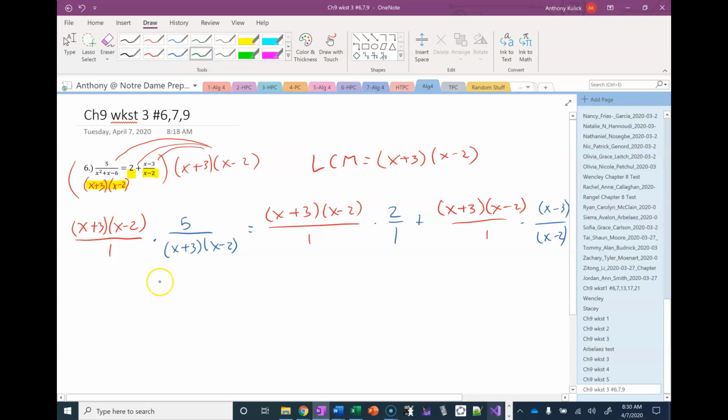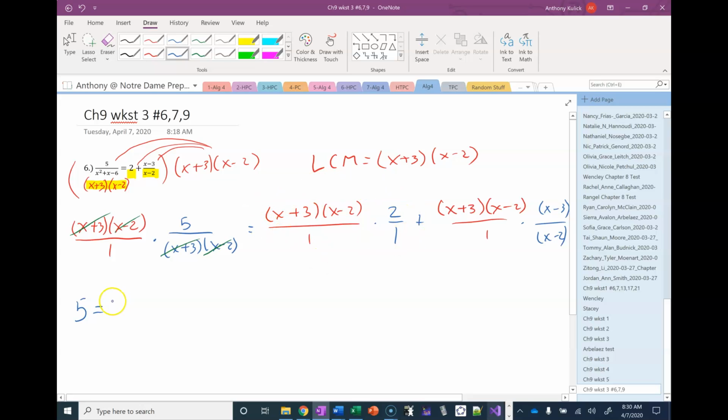Now I'm going to multiply these fractions together to simplify things. I notice that x plus 3's and x minus 2's can cancel, and I'm left with just 5 on that side.